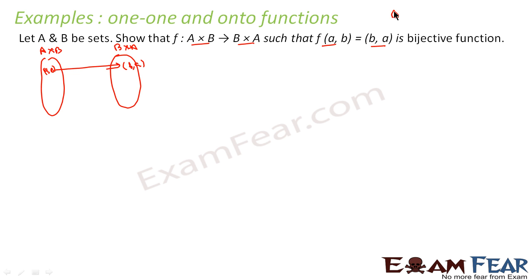To prove it is bijective, we have to prove it is one-one and onto. To prove it is one-one, we assume f of x1 is equal to f of x2, and then we prove that x1 is equal to x2.